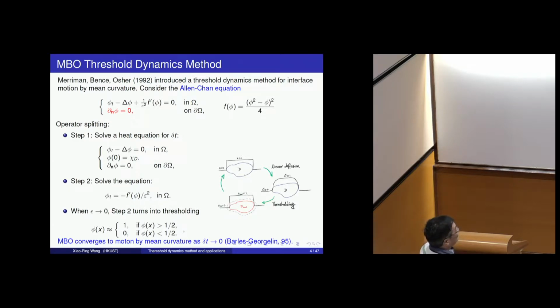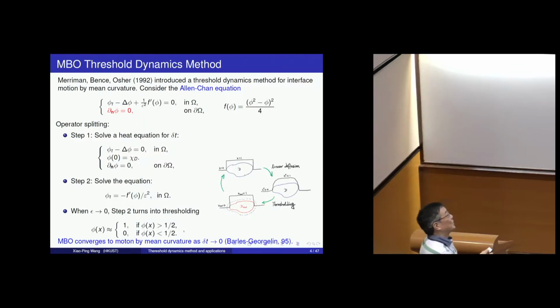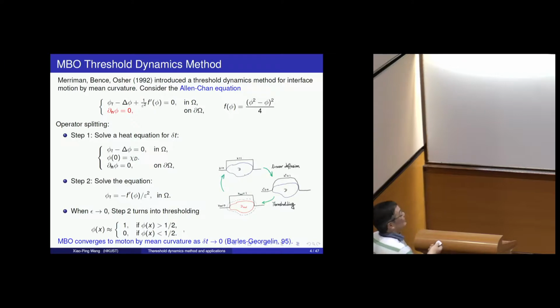And then in the second step, you solve this ODE. The first step is linear diffusion, which gives you a smooth solution. Then you solve the second ODE, which in this case, for this particular double well potential, you have an exact solution.